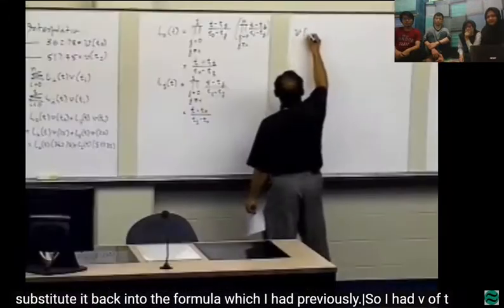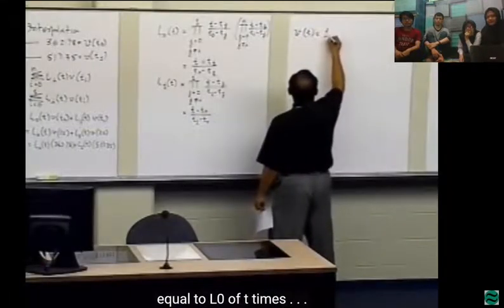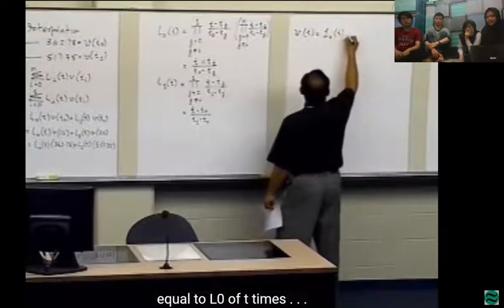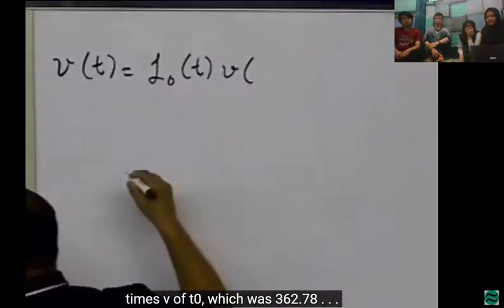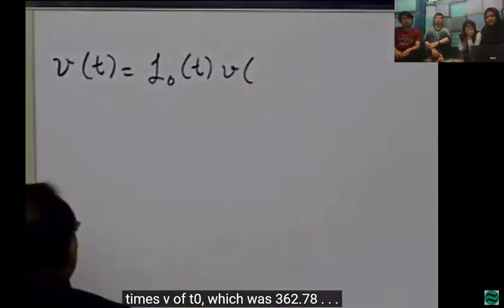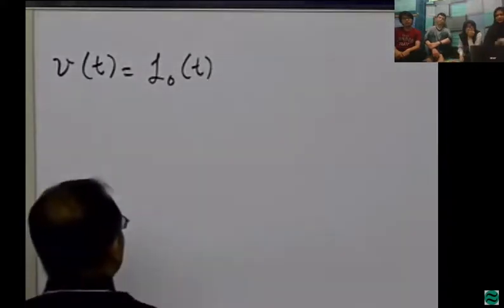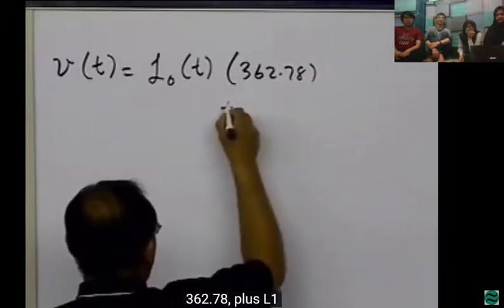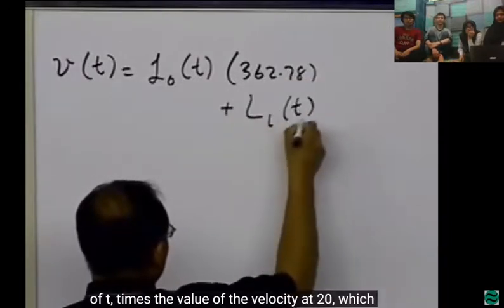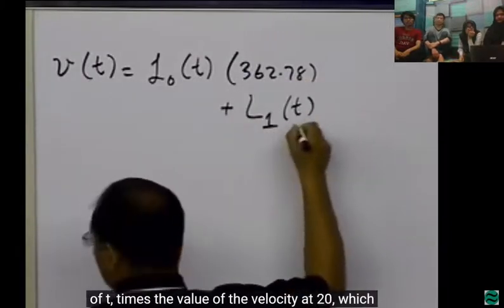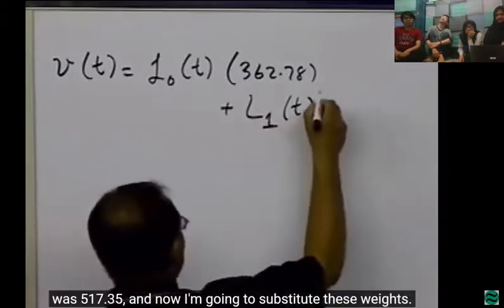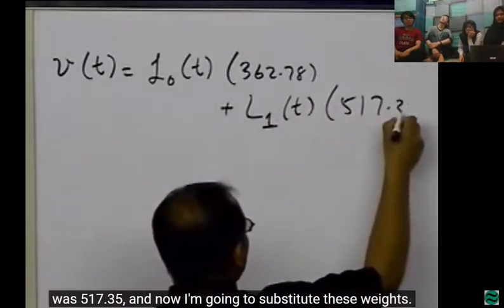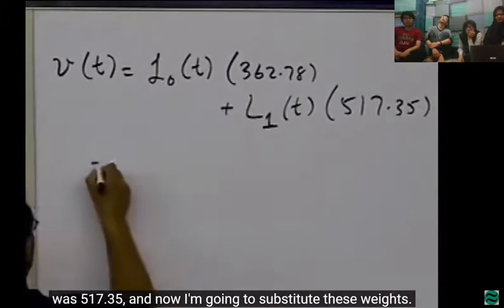So I had V of t equal to L naught of t times V of t naught, which was 362.78, plus L1 of t times the value of the velocity at 20, which was 517.35. And now I'm going to substitute these weights.